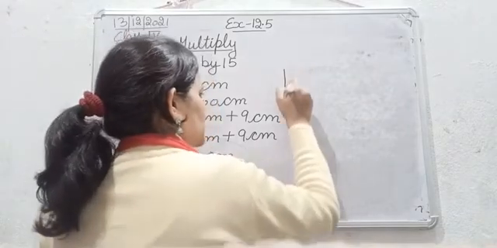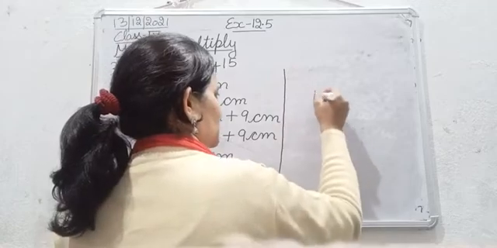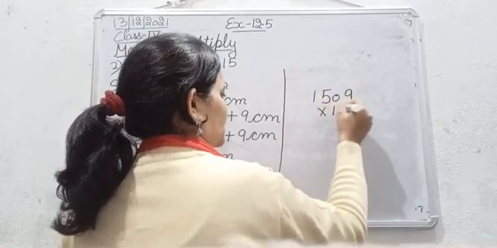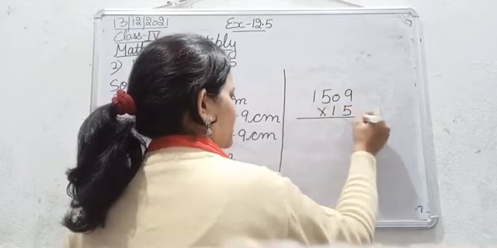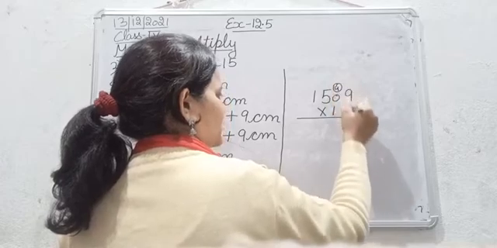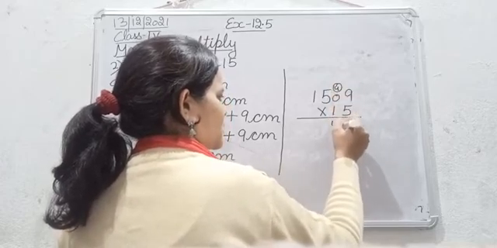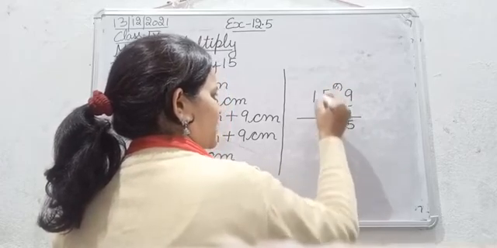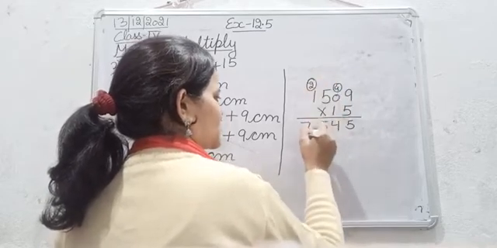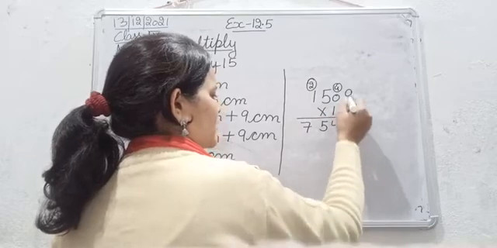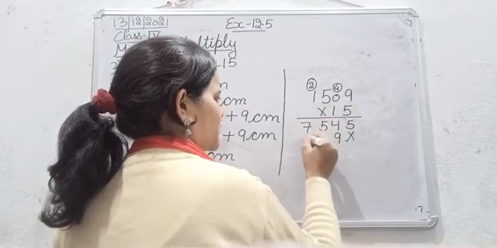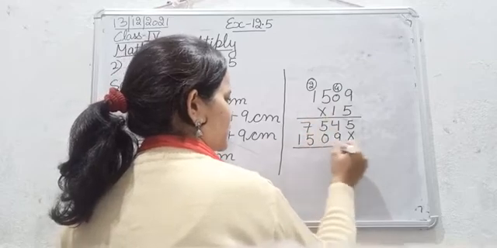So let's multiply 1509 with 15. 5 nines are 45, 4 carry, 500 plus 4. 5 fives are 25, 2. 5 ones are 5 plus 2, this is 7. 1 nines are 9, 1 zeros are 0, 1 fives are 5 and 1 ones are 1.